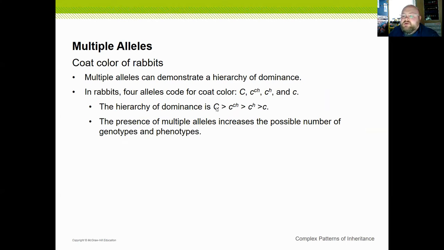And the hierarchy goes, C over CCH over CH over C. The presence of multiple alleles increases the possible number of genotypes and phenotypes. So whichever one of these they have the most of, they're going to have the most of that color, but they could still have a combination. So you could still see many colors at the same time. That's why pets, unlike humans, certain animals can have many colors in their fur.